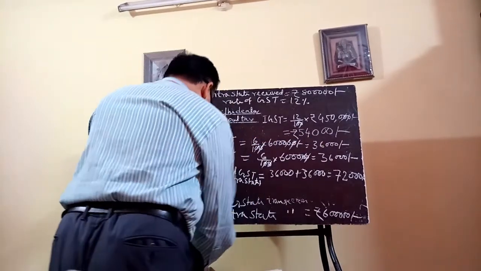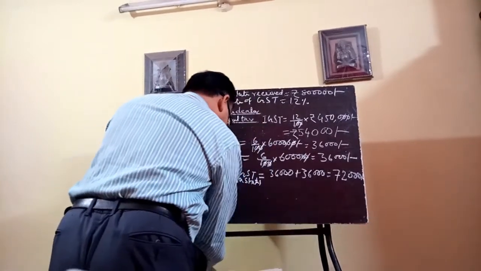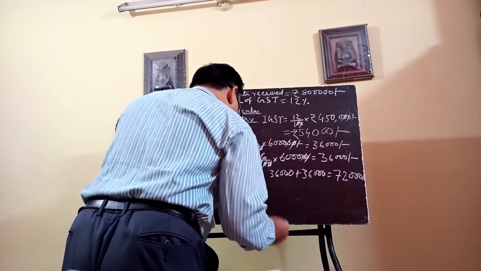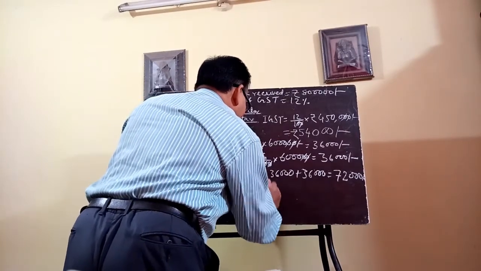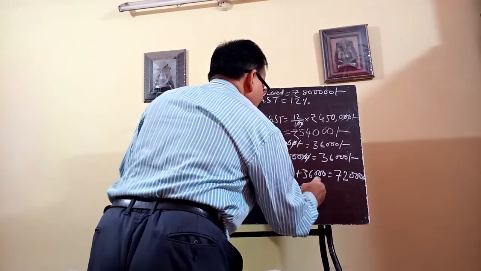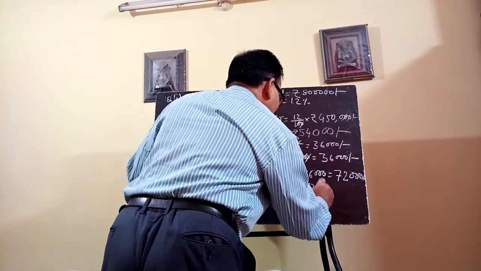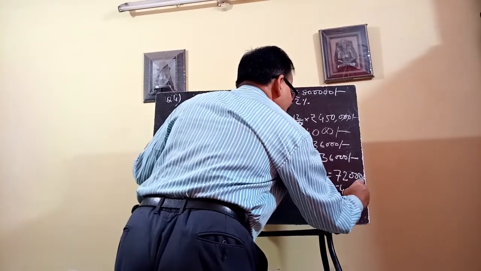So total output tax is your, you can write total output tax is your 72,000 plus 54,000.